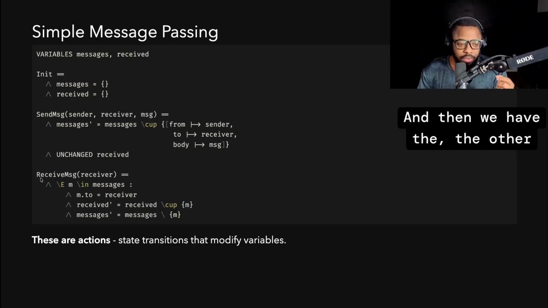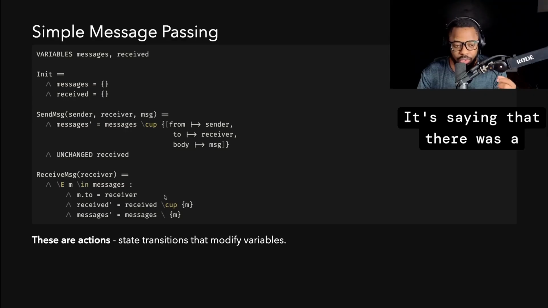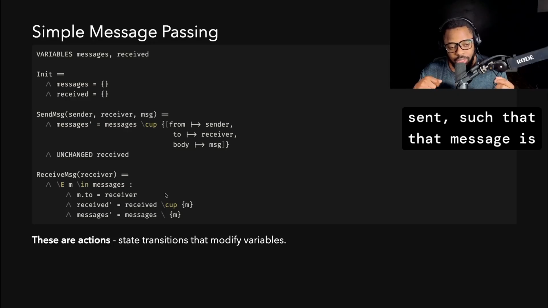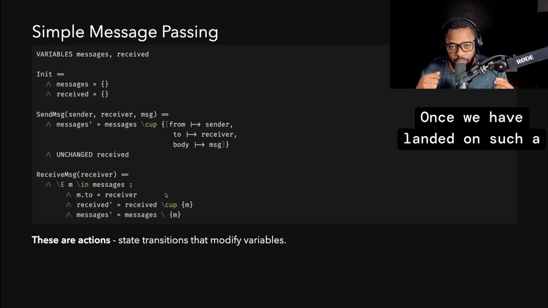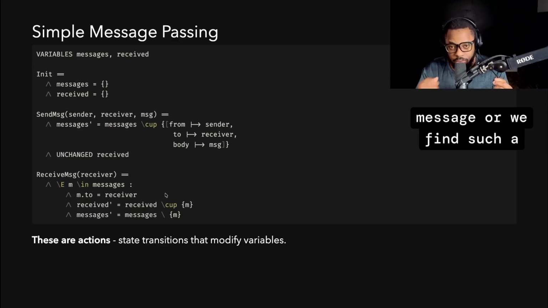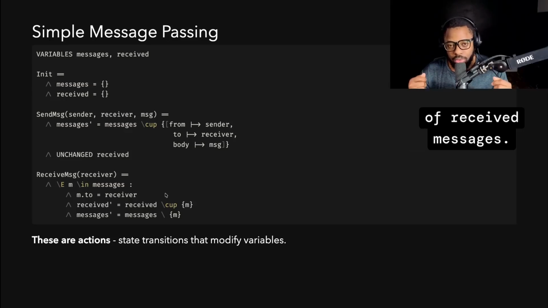Then we have the other action, the receive message action. It's saying that there is a message in the set of messages sent such that that message is addressed to this particular receiver. Once we find such a message, we update the set of received messages.